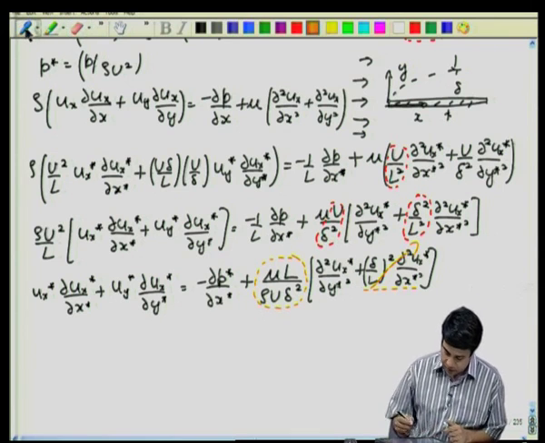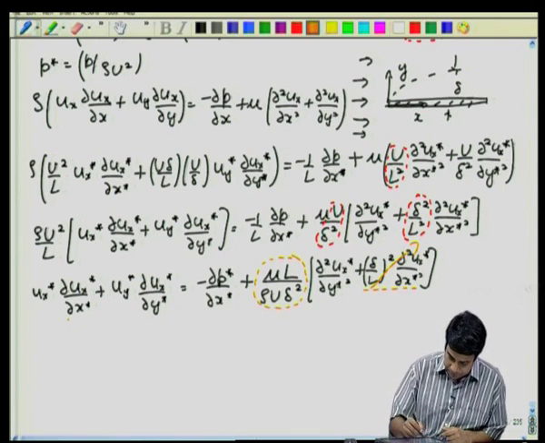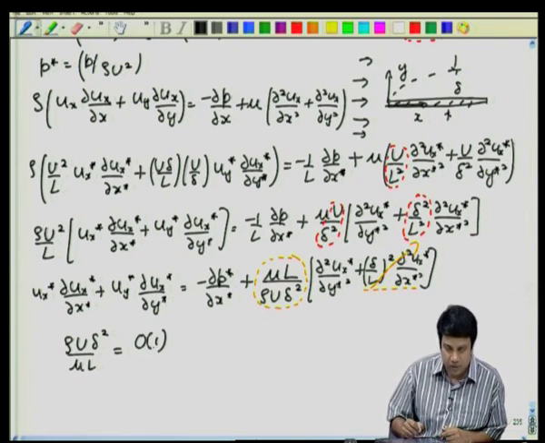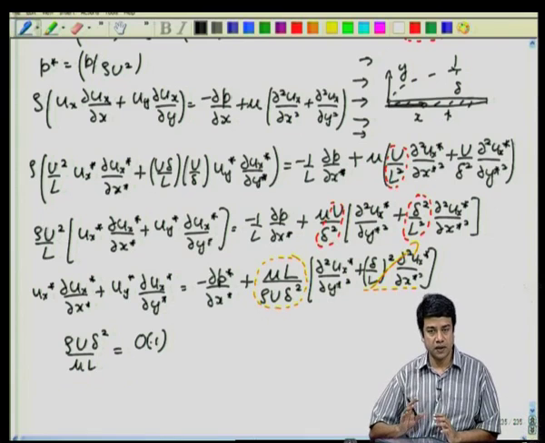So, I require that rho u delta square by mu L is equal to some finite number. I will call it order 1. It goes neither as Re to a positive power nor as Re to a negative power.